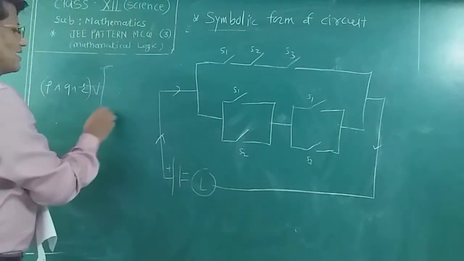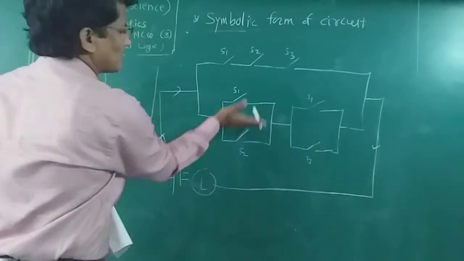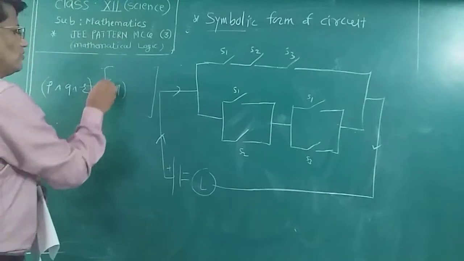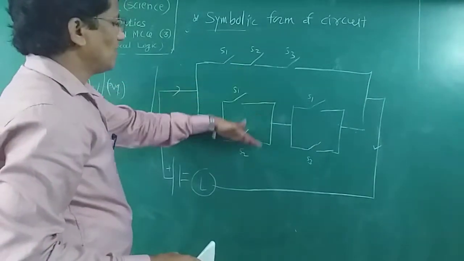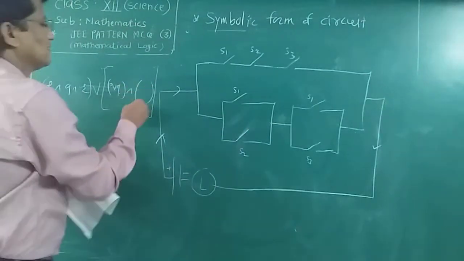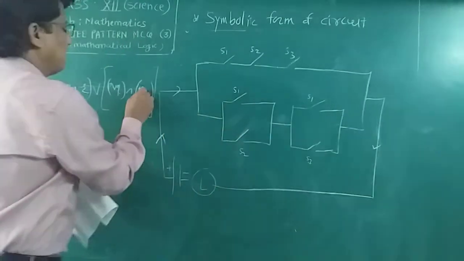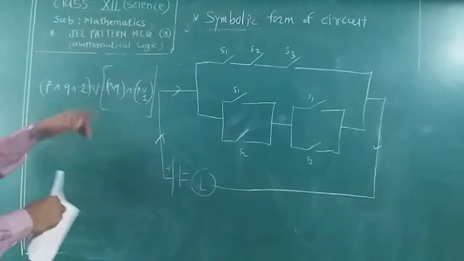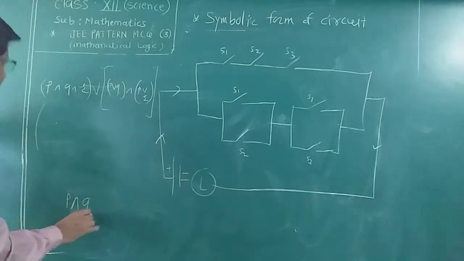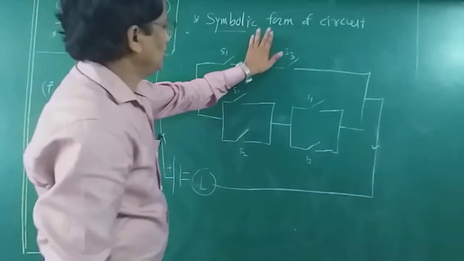Again, two wires are parallel, S1, S2, so P OR Q, because two wires are parallel. Here again AND, here S1 P OR R, and this is our result. In detail: P and Q and R.